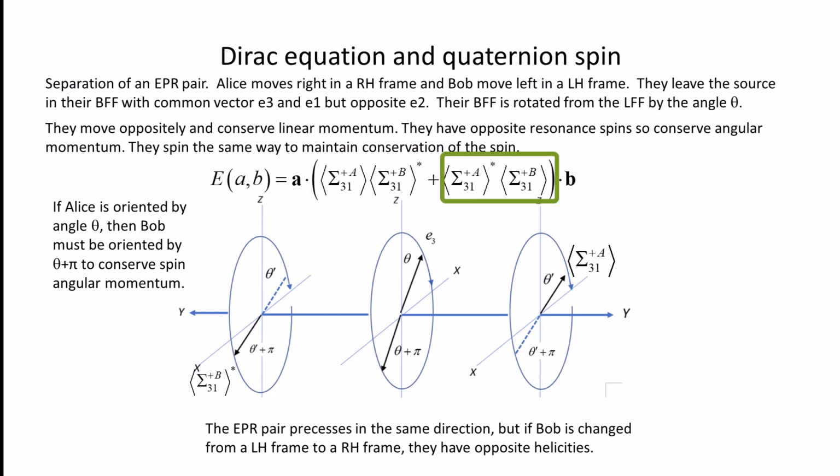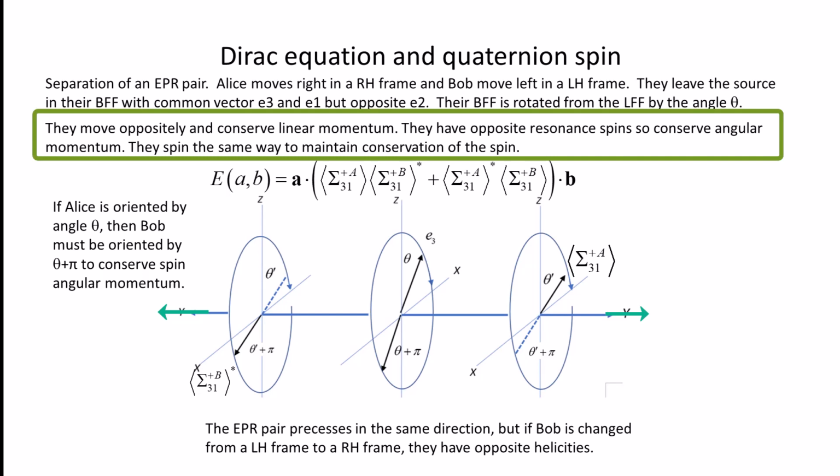The second term is the opposite case, with a negative helicity for Alice and positive for Bob. We must include both cases because every EPR pair must be counted, and so we need both right-left and left-right helicity contributions as shown.